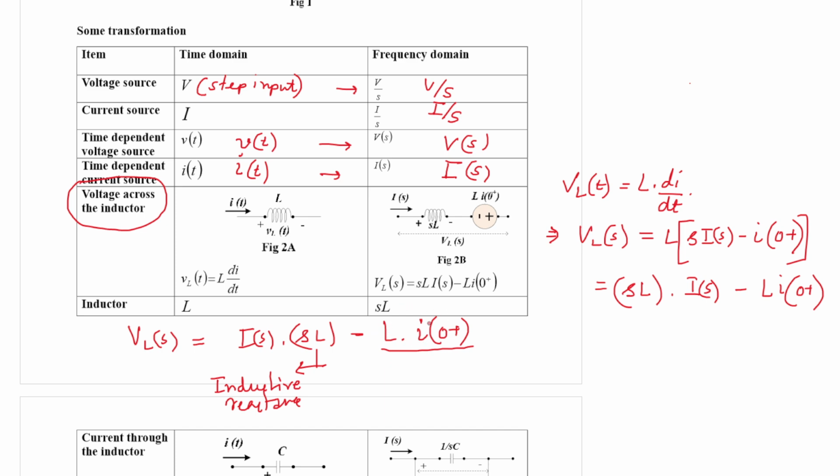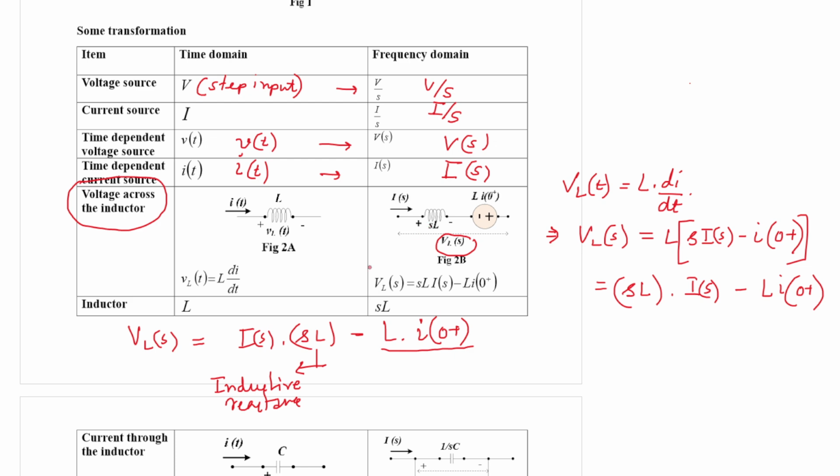So if you represent this equation as per circuit diagram, then figure 2b will be representing this equation. The total voltage across that inductor will be VL(s), where the inductor is replaced by SL in the Laplace domain, so that current I(s) is flowing.